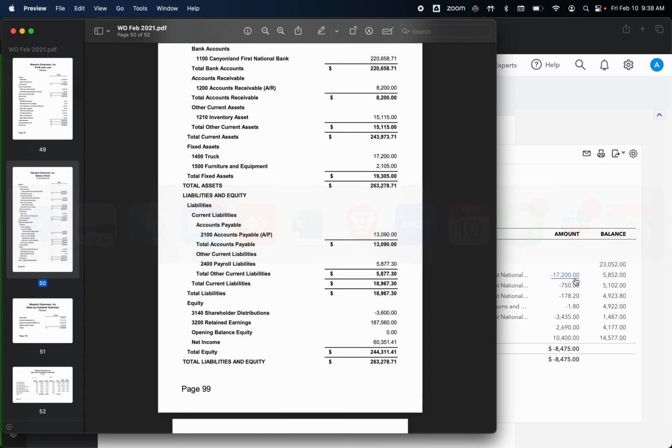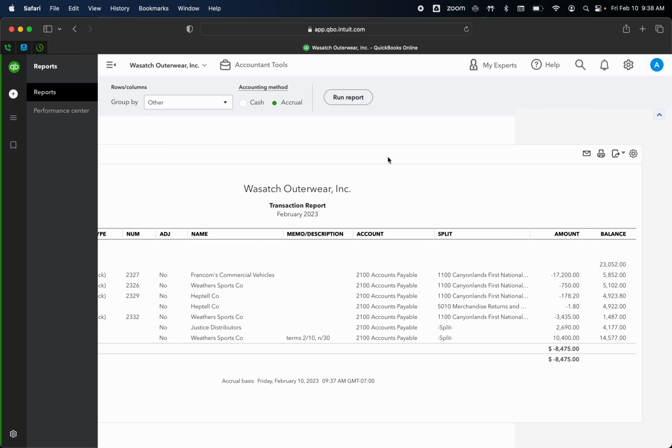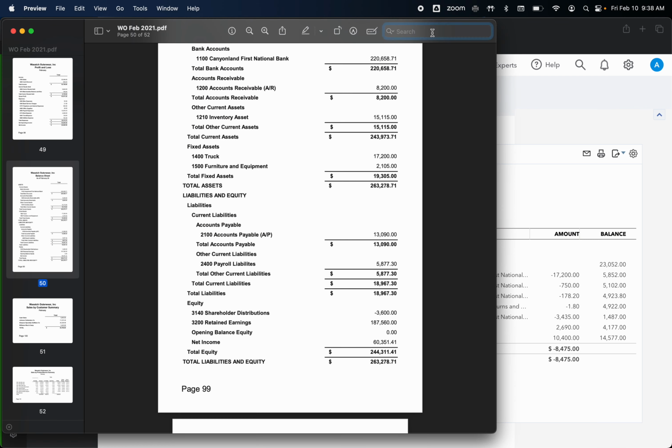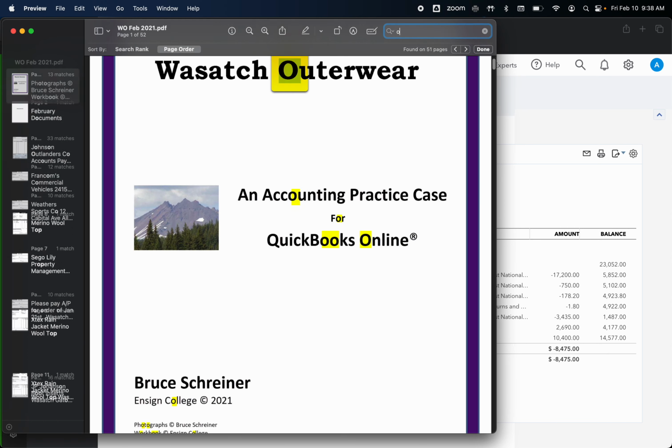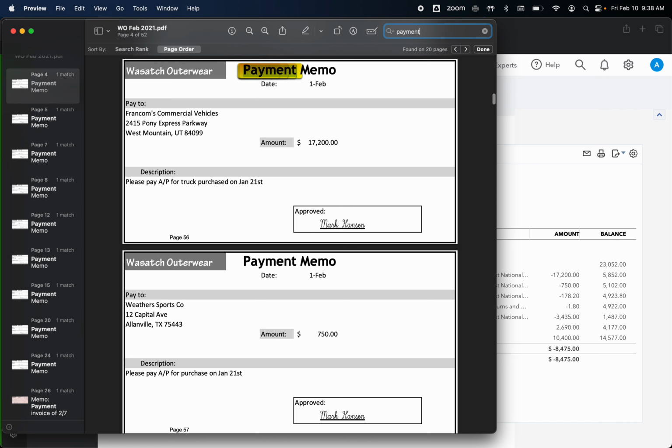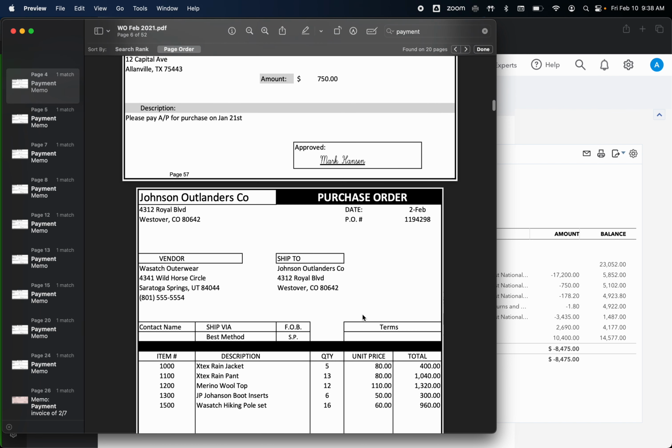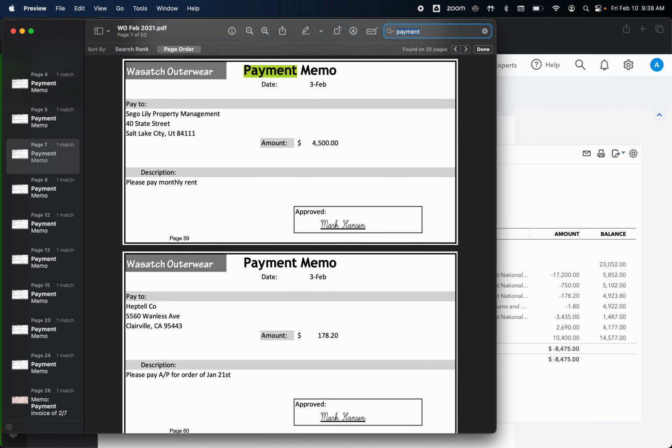So Frank owns commercial vehicles. So that's one thing. Weather sports. Let's see payment memos. 1700 check. 1750 check. 4500 Seagull Lily.